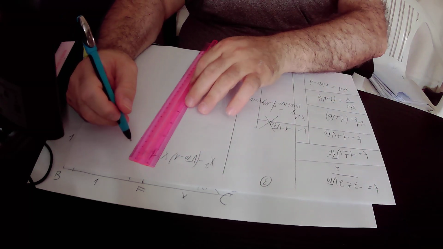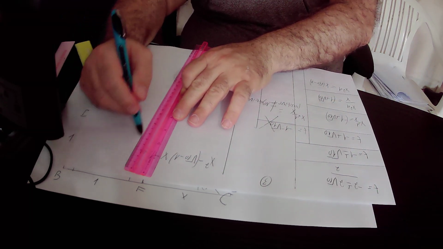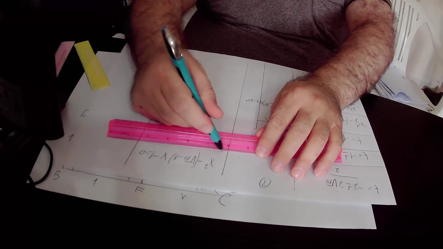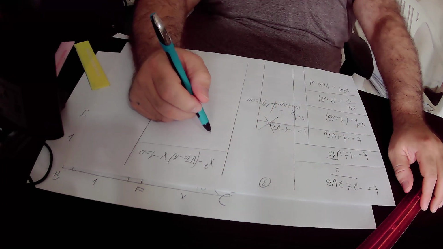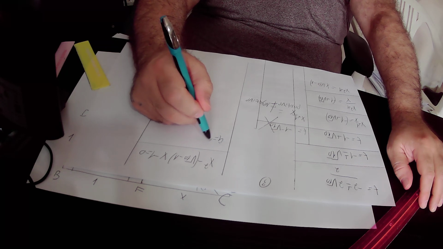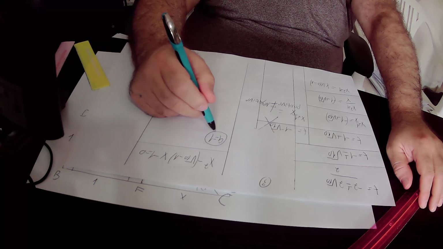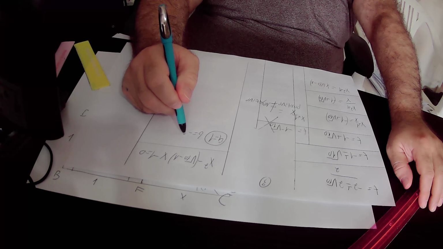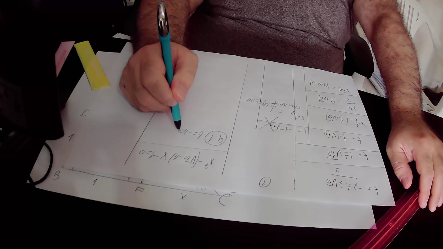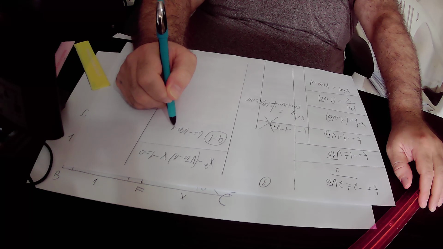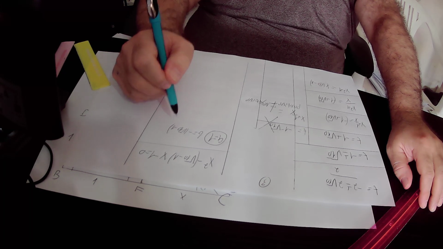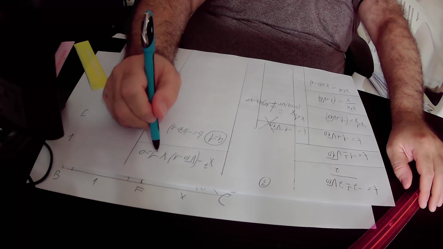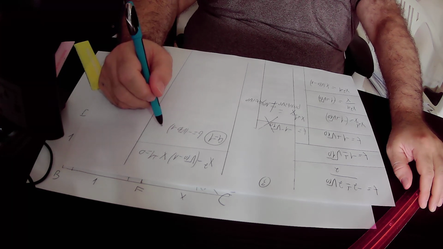So here we got a quadratic equation. In this quadratic equation, a equals to 1, b equals to minus (square root of 10 minus 1), and c equals to 1.